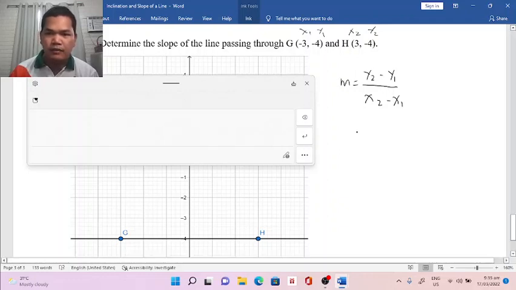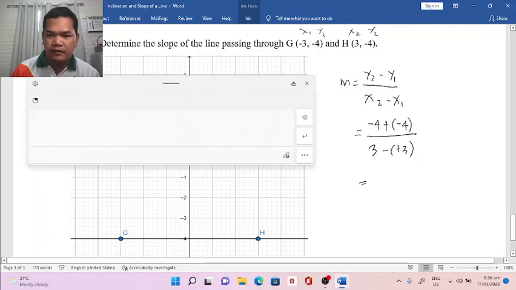Let us now compute for the slope. y sub 2 minus y sub 1 is negative 4 minus negative 4 over 3 minus negative 3. As I have said a while ago, for subtraction, change the sign of the subtrahend and proceed to addition.